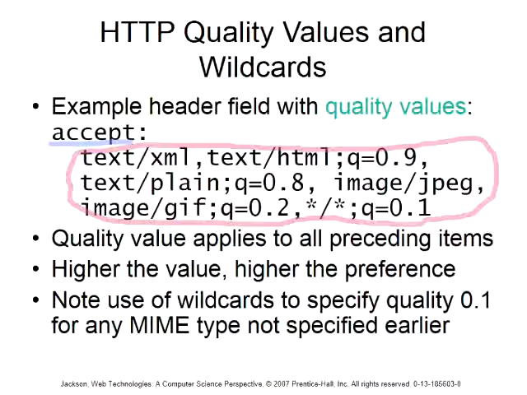When we ask our server to prepare a response, we can specify that we accept an XML response and an HTML response and a plain response and an image response, GIF or JPEG. Okay? Do you understand? Yes or no?